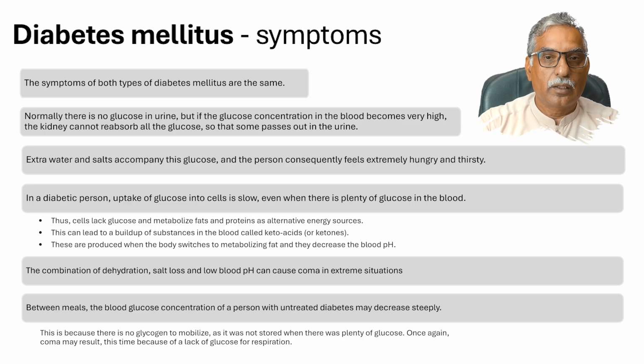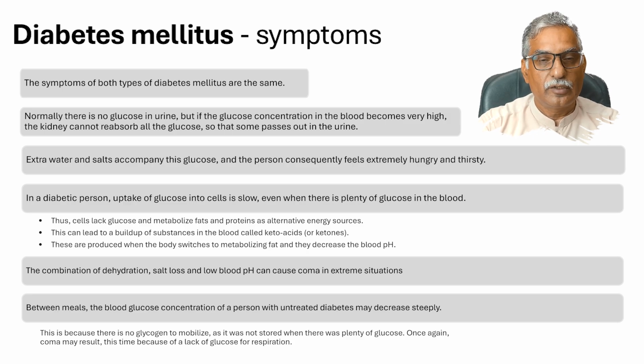And when there is a time between meals, during which there is no external intake of glucose, that glycogen is gradually hydrolyzed to release glucose, and that meets the body demand. But in case of diabetes, there is no glycogen reserve formed within the cells. So the glucose that enters the body through a meal can last for 2-3 hours, and after that the glucose supply in the blood gets reduced.